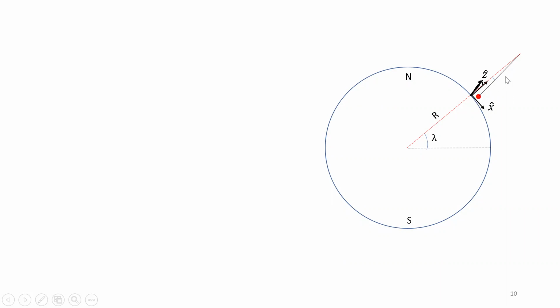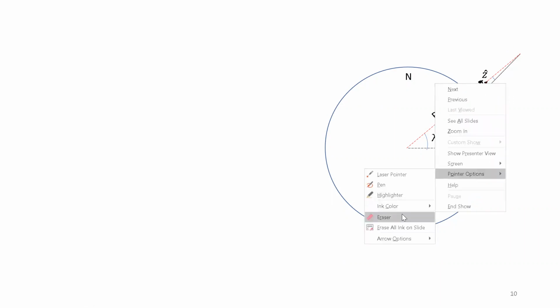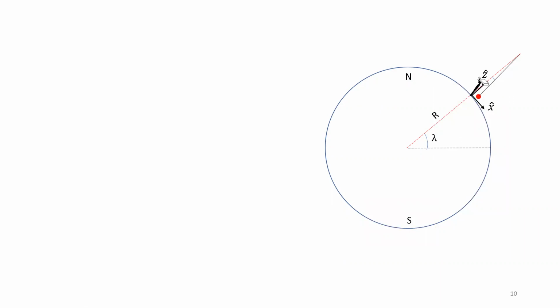That is to say, I want to make the z hat parallel to the effective gravity acceleration due to gravity. But anyway, this is just a very small correction.